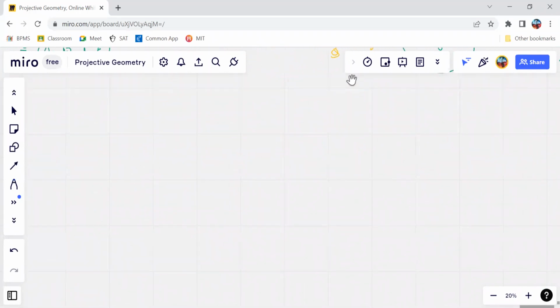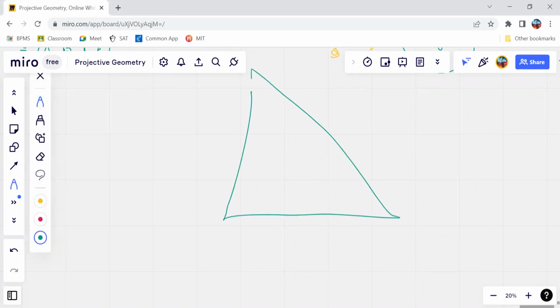Okay, so now let's do a couple of problems. Let's just do a simple one to start off with. You have triangle ABC. Not much of a triangle with bent sides, but you get the point. We have an N circle.